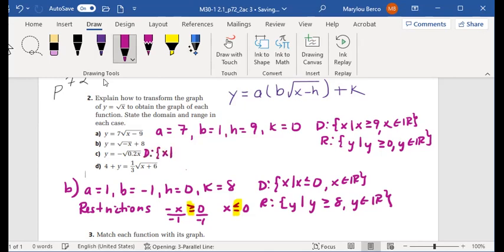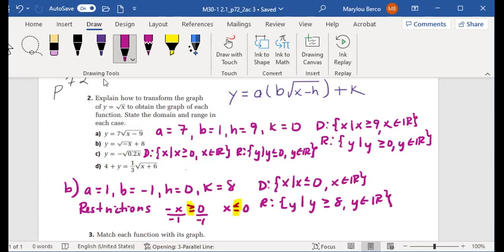The domain is x such that x is greater than or equal to 0, and the range is y such that y is less than or equal to 0. Because it's reflected in the x-axis and stretched horizontally. Okay, so that's the reason why the range is in that solution.